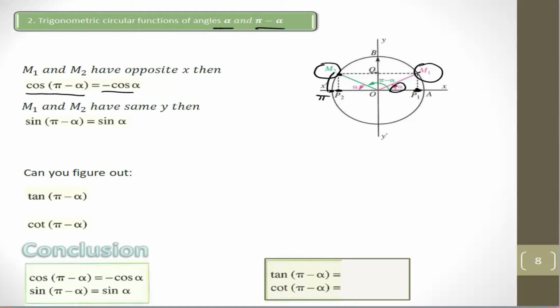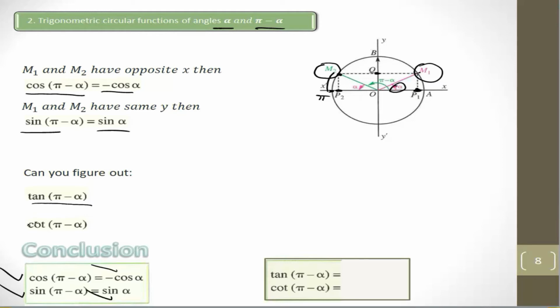Y of M1 is here, y of M2 is the same location, so y and y are the same, so it means that sine alpha equals sine pi minus alpha. Yes, we can conclude them from the circle. So as a result, we can say that cosine pi minus alpha equals minus cosine alpha, and sine pi minus alpha equals sine alpha.